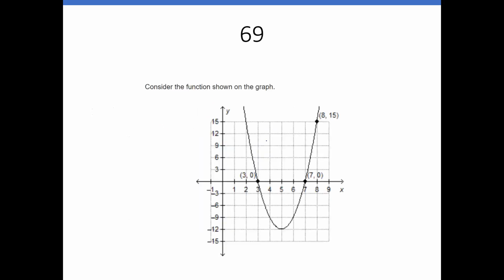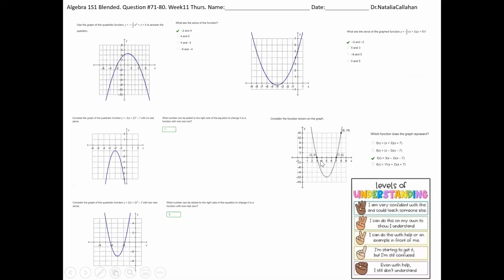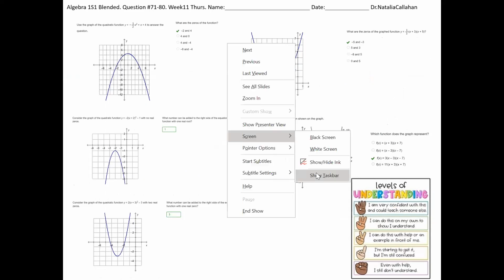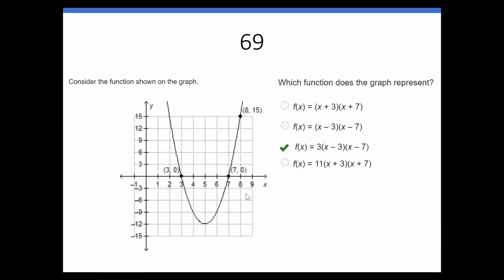All right, second to last question. Go ahead and take a look here. Okay, so looking at this right here, which one represents this?